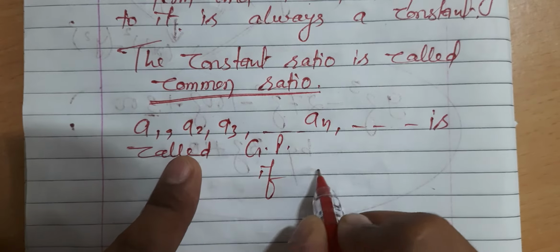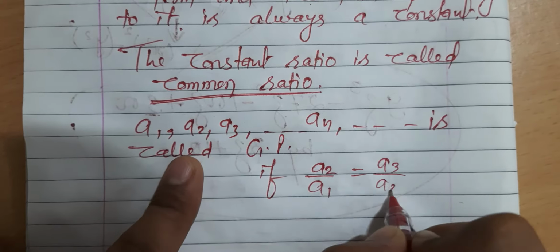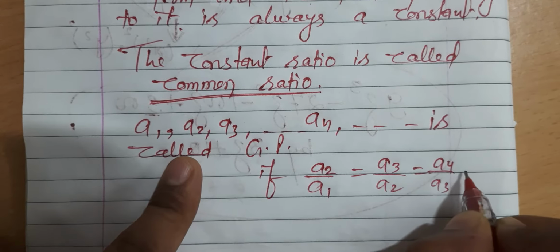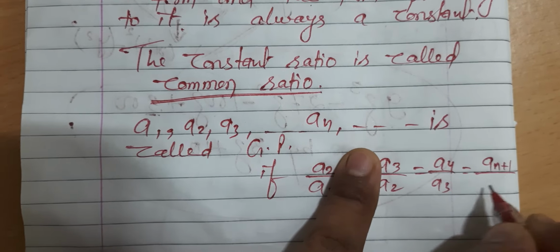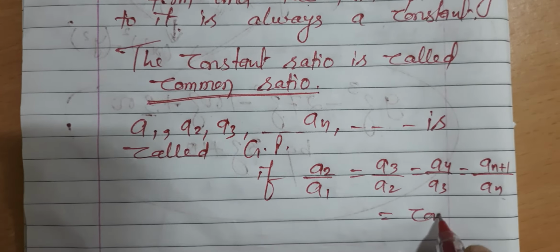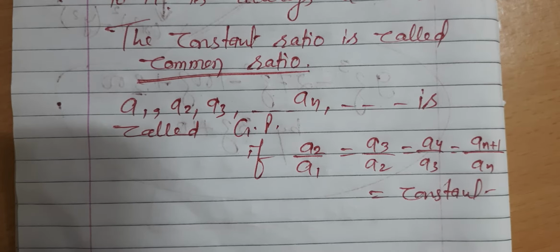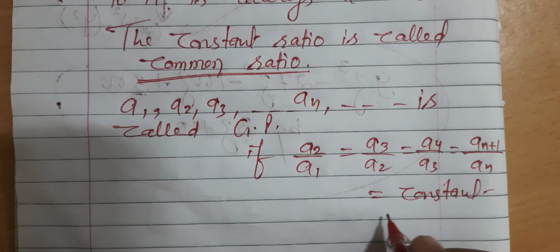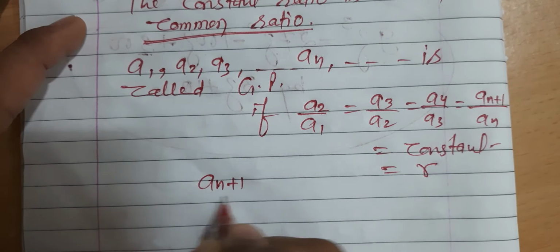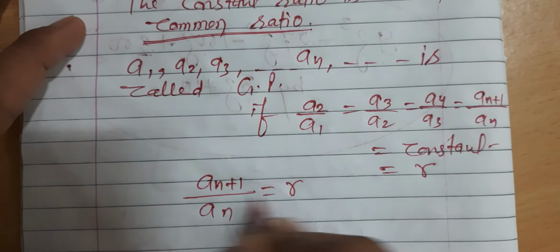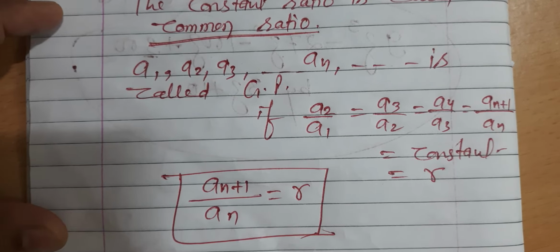So this ratio, A2 by A1, A3 by A2, A4 by A3, is equal to, for the next term, A(n+1) by An. If this ratio is constant, then the sequence is called a GP, and we represent this constant ratio by small r. So this is the formula to find the common ratio. This is the mathematical definition of GP.